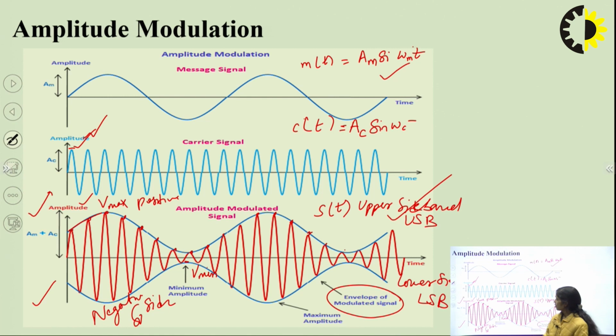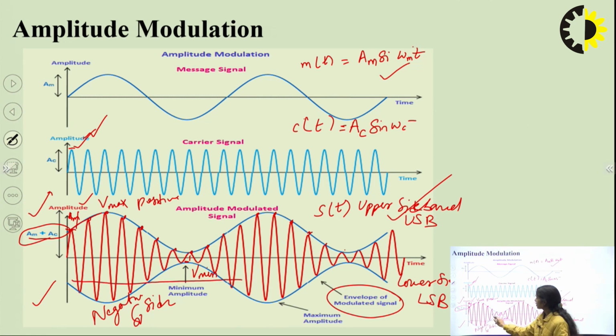So we can see from the graph that the maximum amplitude can be calculated as AM plus AC, because it is the sum of the maximum carrier amplitude plus the message amplitude, which is AM here. And the minimum amplitude we can calculate as AC minus AM.